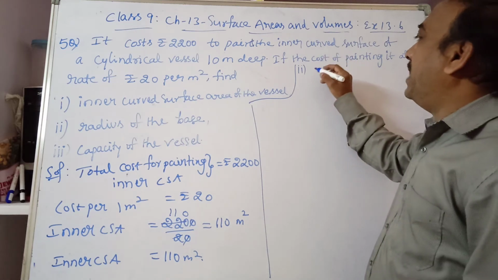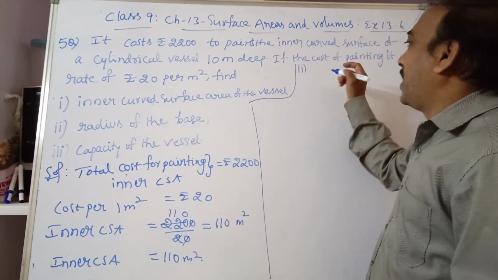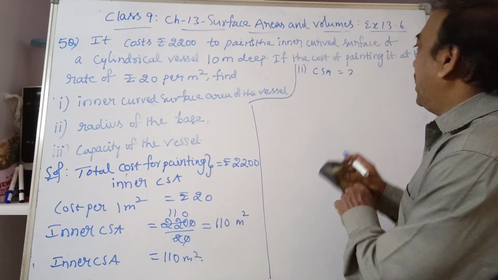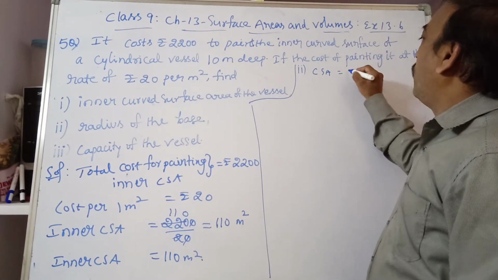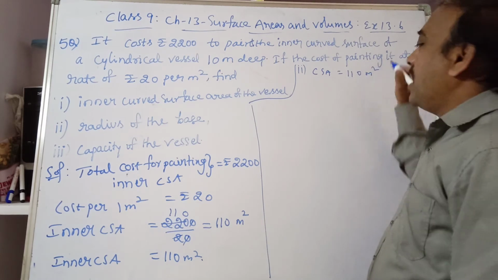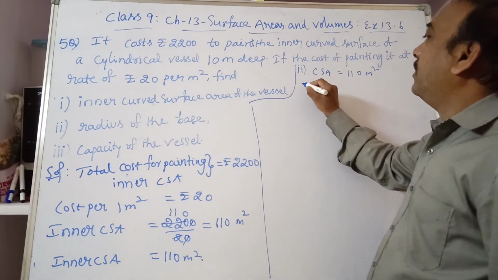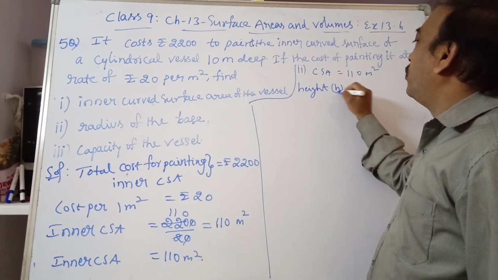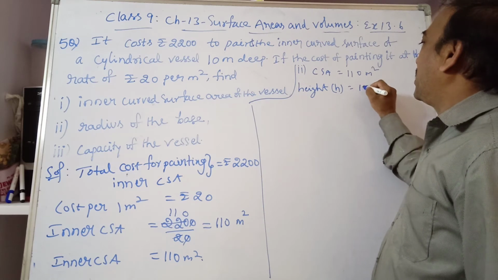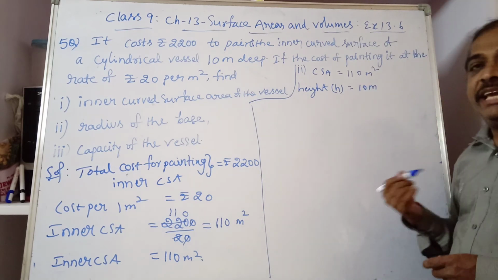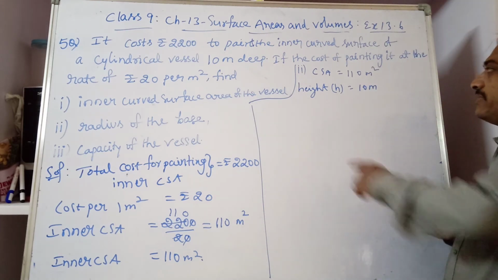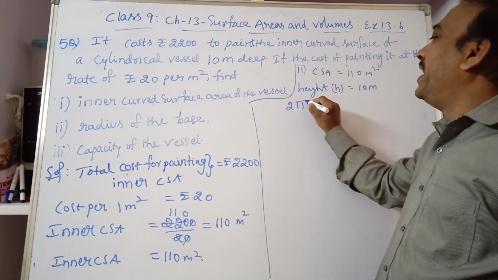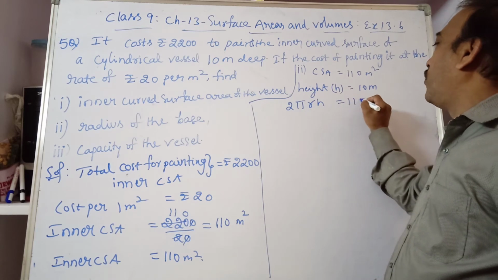Now the radius of the base. If you want to calculate it, CSA is equal to 110 meter square. The height h is given as 10 meters deep. Deep and height are both the same. The CSA formula is 2 pi r h, which is equal to 110.